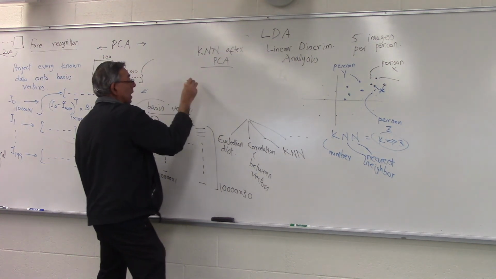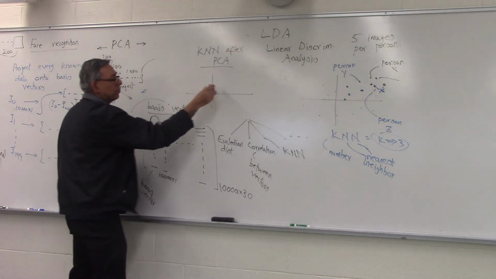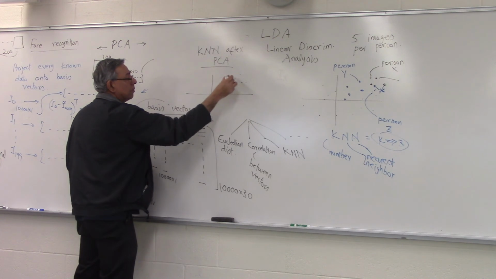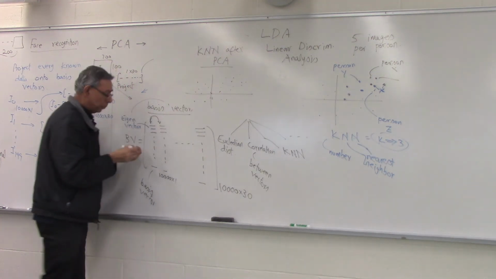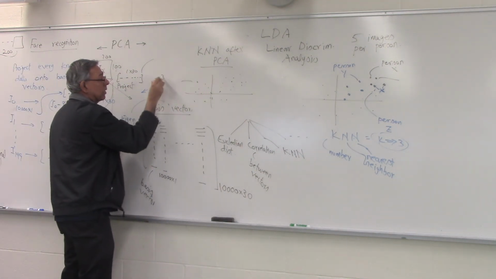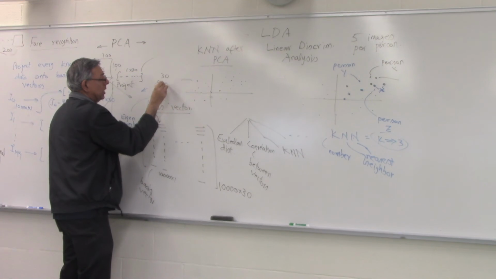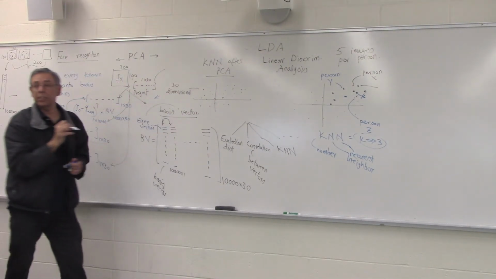Every data point was reduced to 30 dimensions. Again, let's pretend the 200 points appear somewhere there. Now each point is in 30 dimensional space. You guys agree, if we did a PCA and reduced it to 30 dimensions?